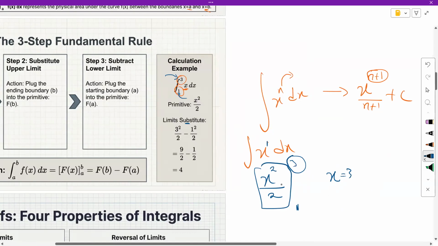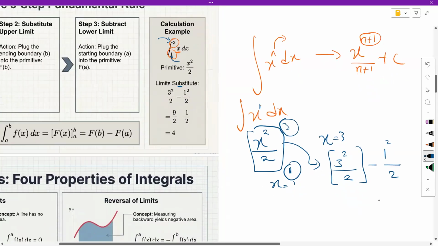So therefore we have 3 squared divided by 2. This is for the upper limit, and then we substitute x equals 1, the lower limit, minus 1 squared divided by 2.